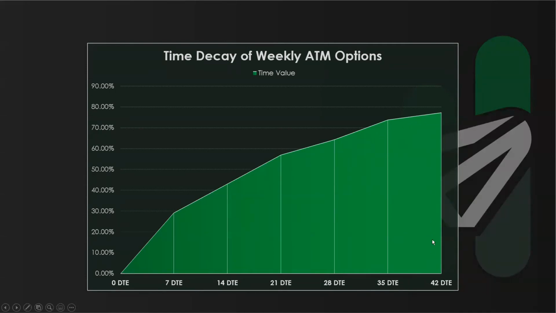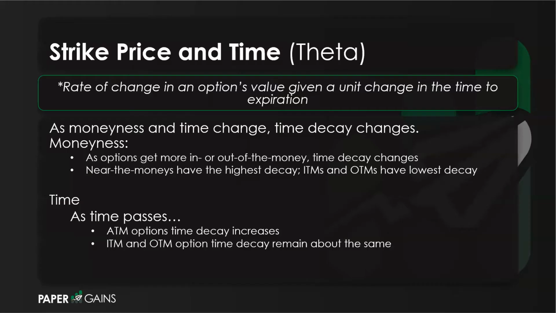About 45 to 40 days out, options start to really decay, right? And the closer you get to expiration, specifically 7 days to expiration, it completely falls off a cliff. We can actually use this to our advantage when we're building a spread, and we'll go through that.